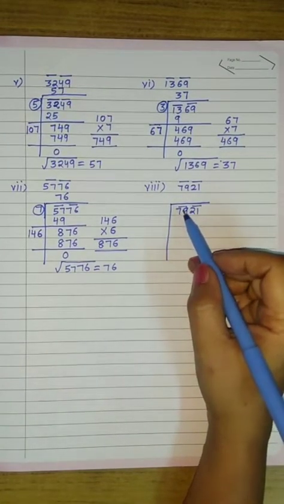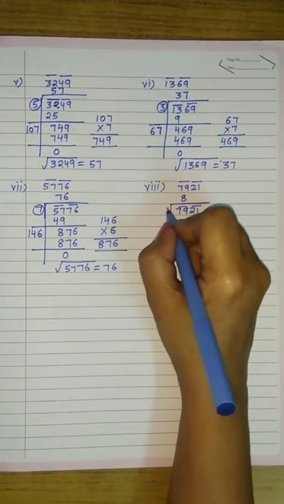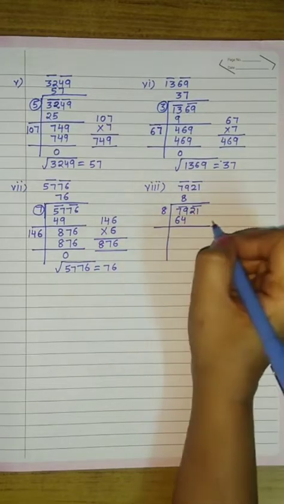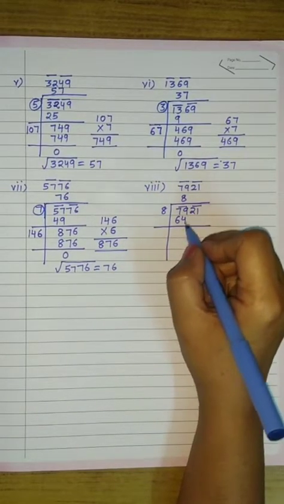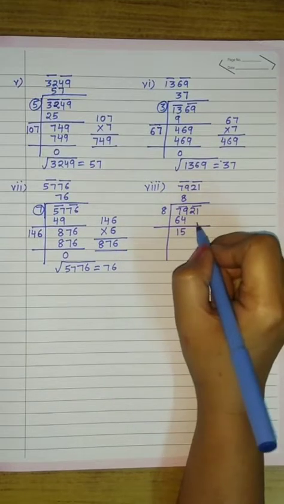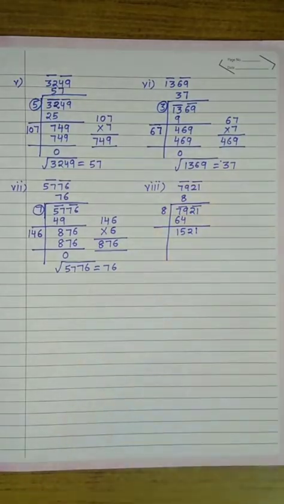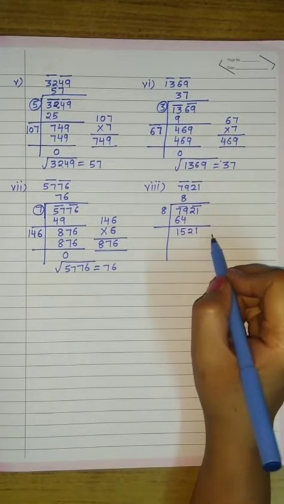So I am using 8, 8 8s are 64, which is a number less than 79. Now subtracting 64 from 79, I got 15. Taking down the next bar, that is 21, we have the next dividend as 1521.